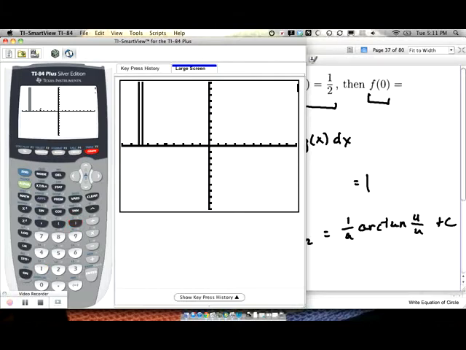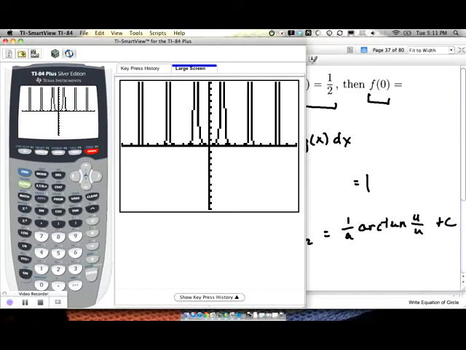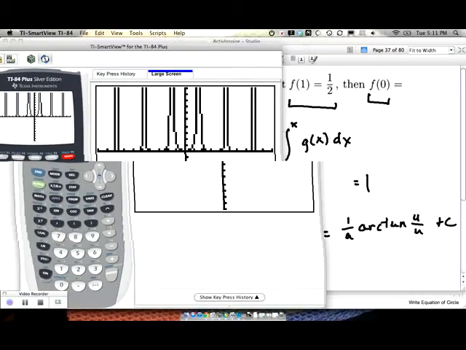Let's see what that gives us. So we're trying to find the area under this curve. Let's say that I found the area from 0 to 1.